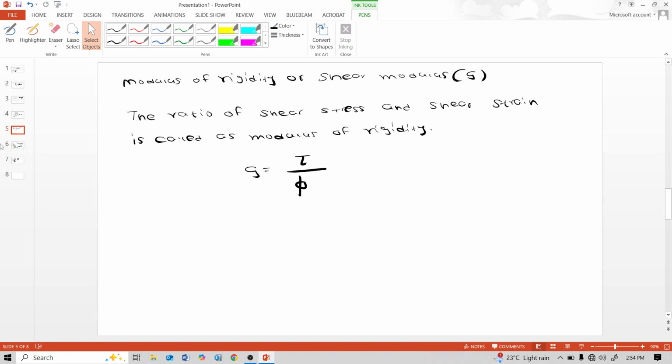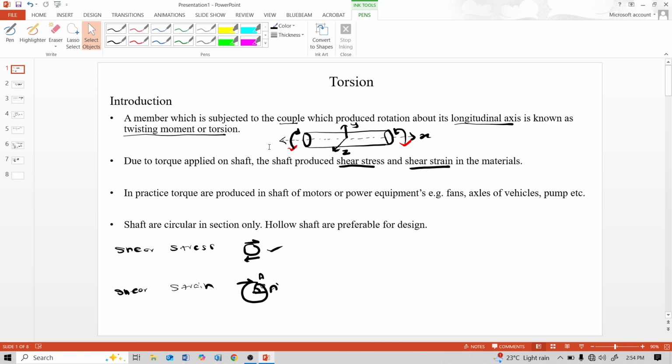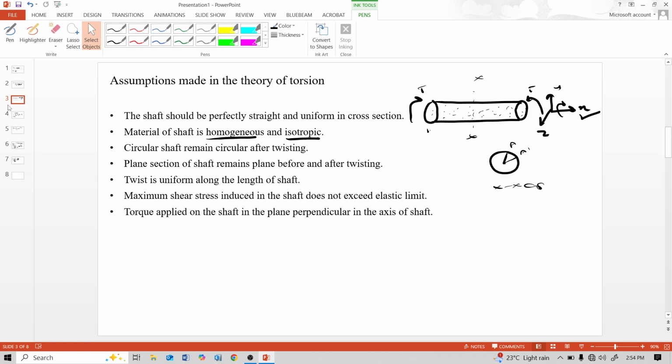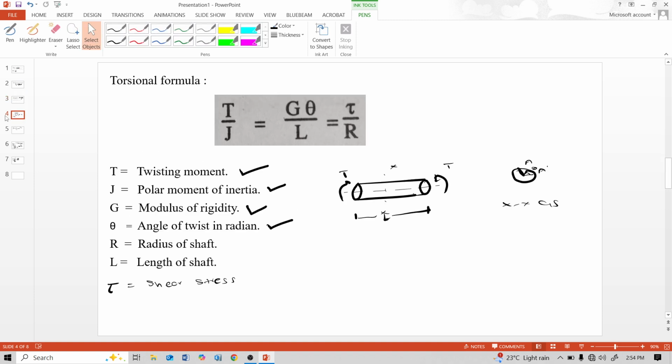And modulus of rigidity is shear stress to the shear strain, denoted as capital G. This is torsion: introduction, twisting moment, assumptions made in the theory of torsion.